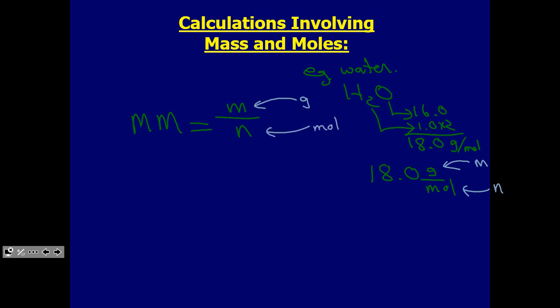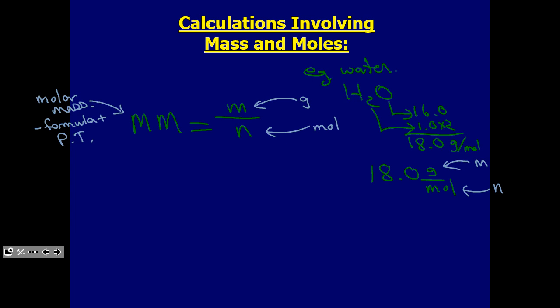That's what we got it from, the unit. And mm is the molar mass, which we get from the formula along with the periodic table. So if we know the formula and we know what substance it is, then we know the molar mass.